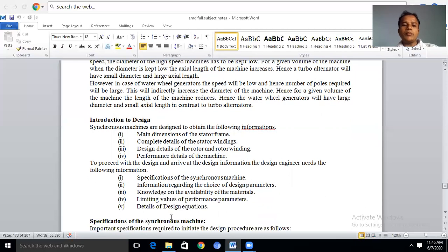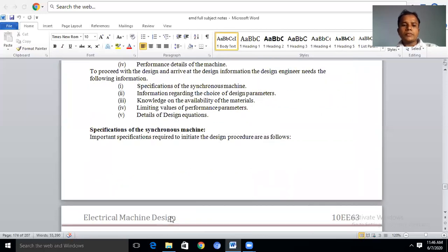These are the basic information we require in order to carry out the design.